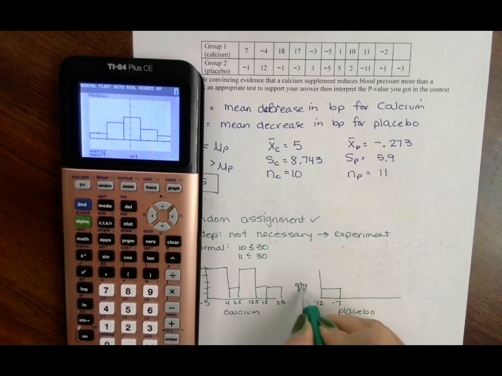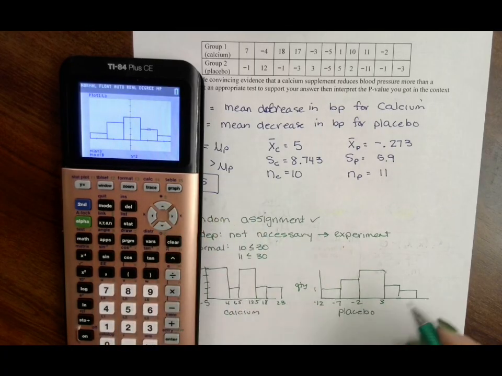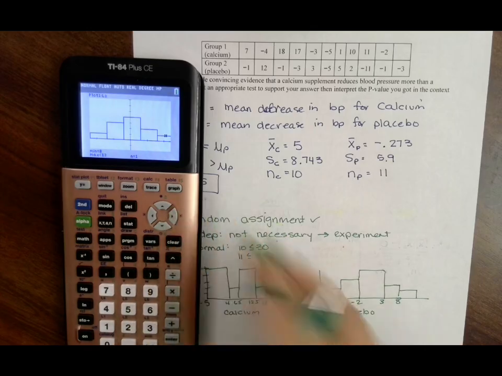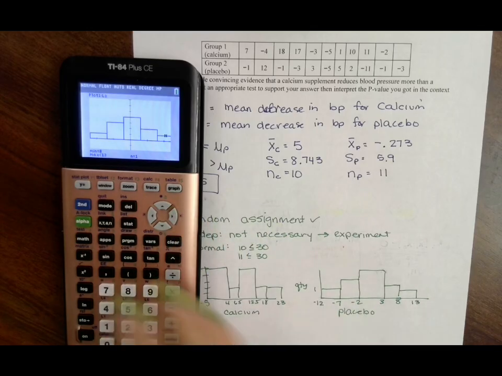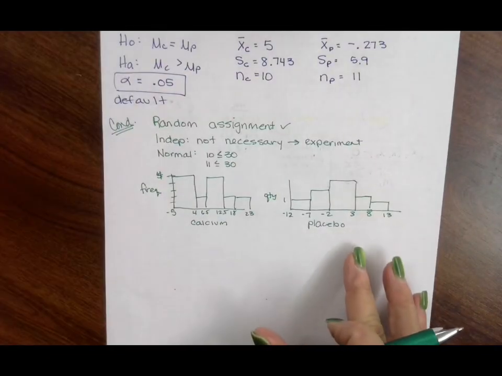So this is my quantity of 1. And then I have this guy here, and then this guy here, and then back down to 1. If I get my values real quick: -2, 3, 8, and 13. So you see how important it is to look at your scale.